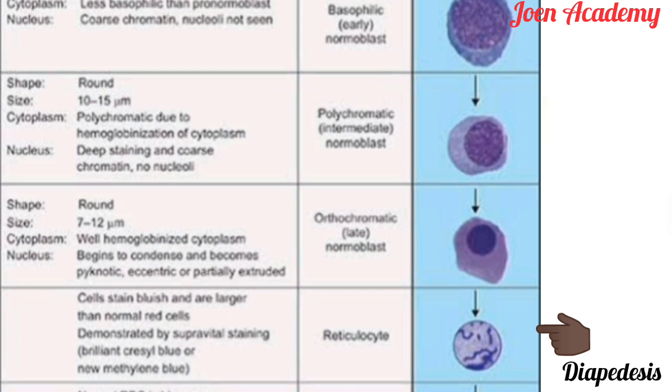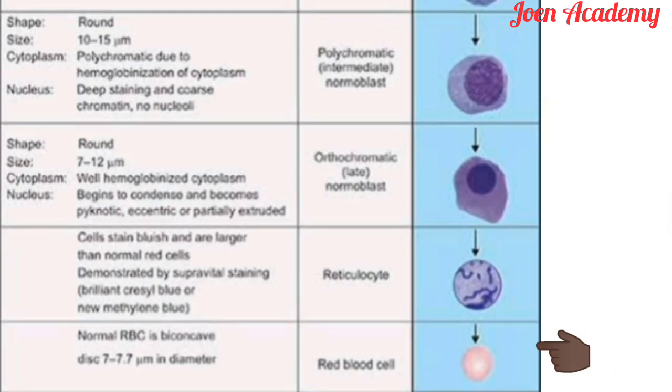And finally, on the stages of erythropoiesis, the last stage is the matured erythrocyte. The matured erythrocyte or red blood cell is developed from the reticulocyte. The reticular network of the reticulocyte disappears and the cell becomes the matured red blood cell, which now has the biconcave shape, that is the right shape of matured red blood cell.